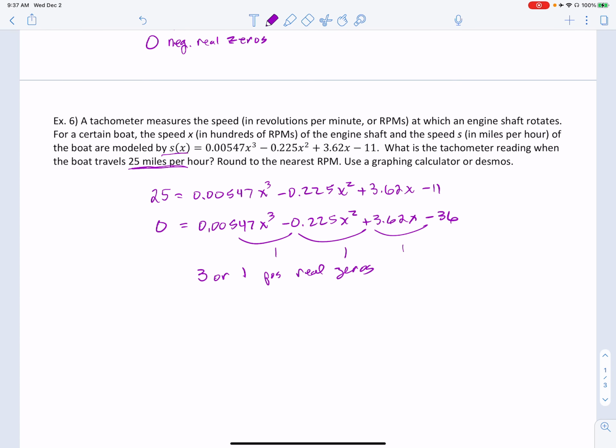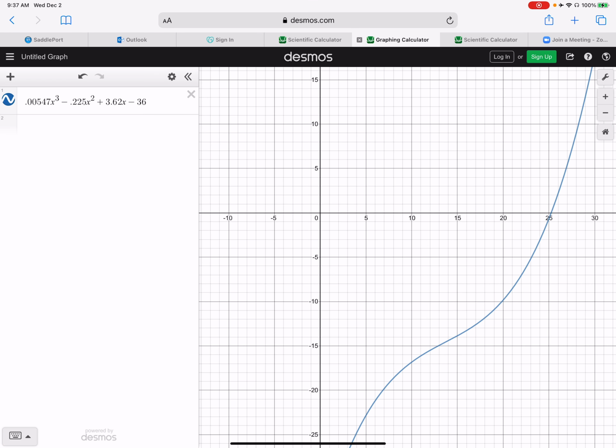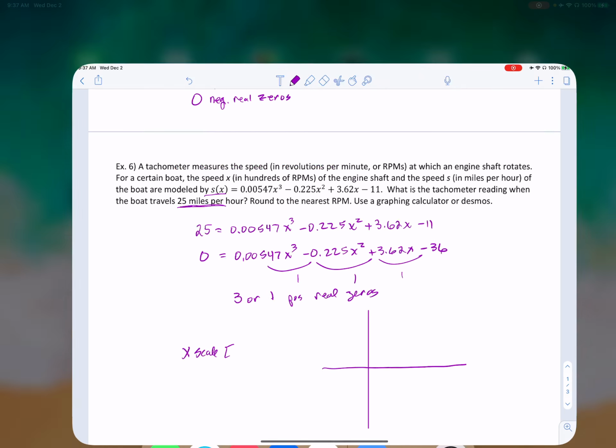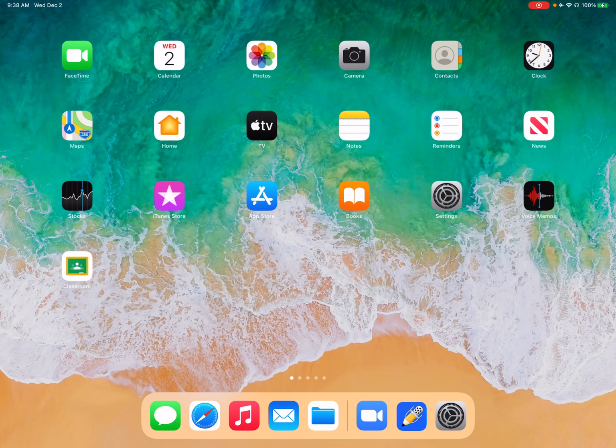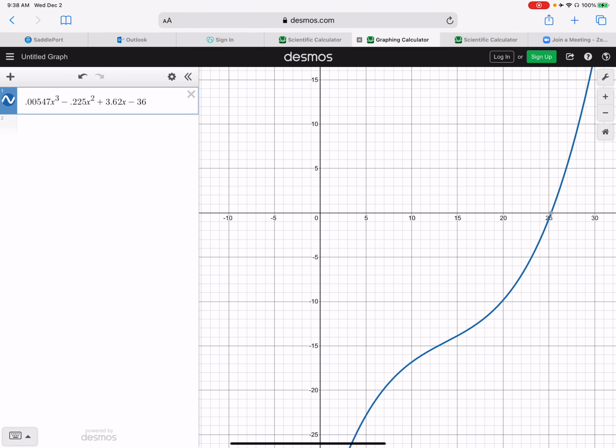So I'm going to go back, oops, sorry, and sketch that. And I'm going to give that the x scale, I've already forgotten what it was, negative 10 to 30. So this is negative 10, 10, 20, there's 30, and my y scale was negative 25 to positive 15.